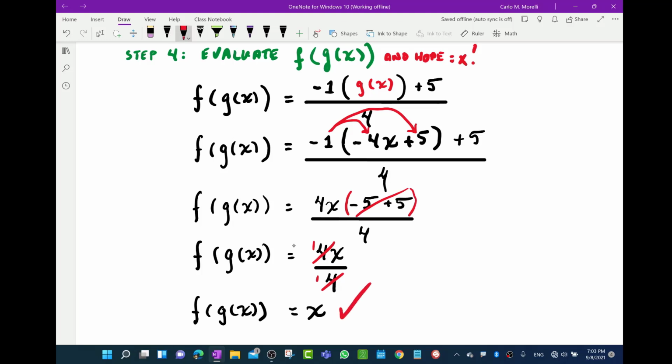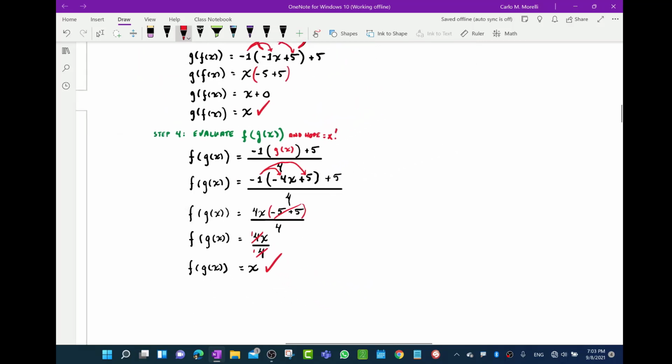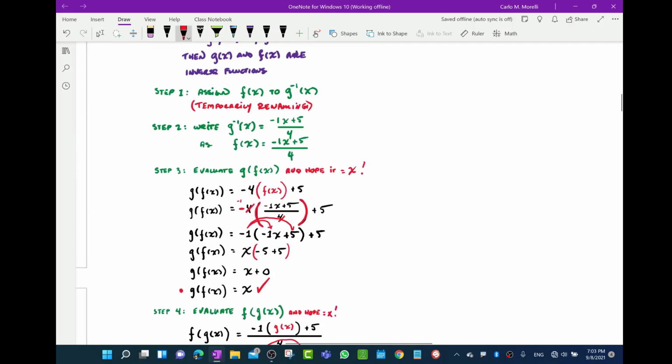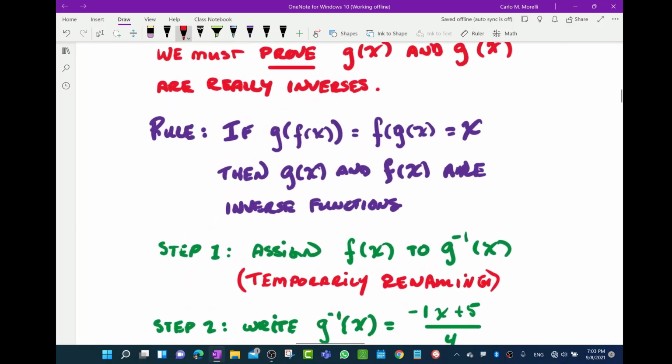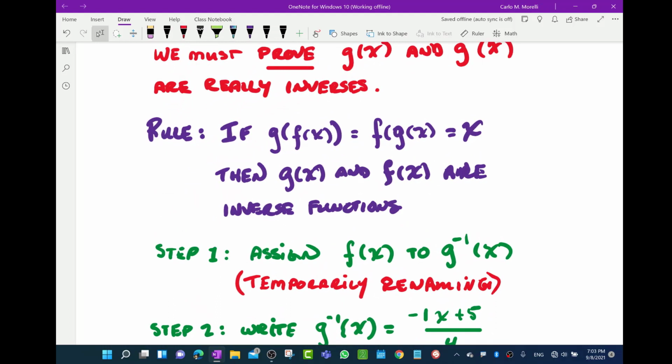We've proved that g of f of x equals x, and that f of g of x also equals x, thus satisfying both of the conditions of this rule. g of f of x equals x, yes. f of g of x equals x, yes. So since both of these things equal x, they also equal each other.